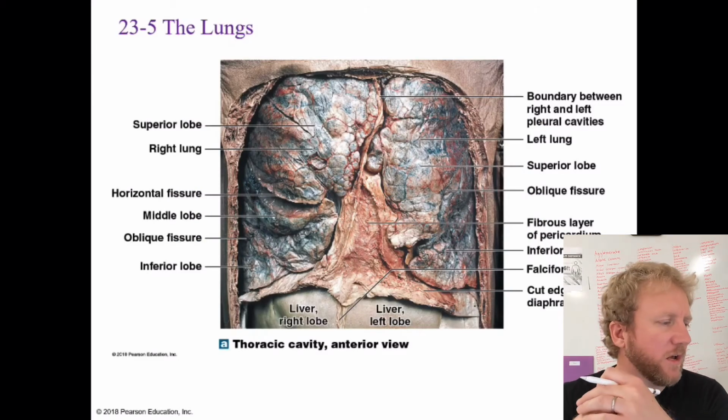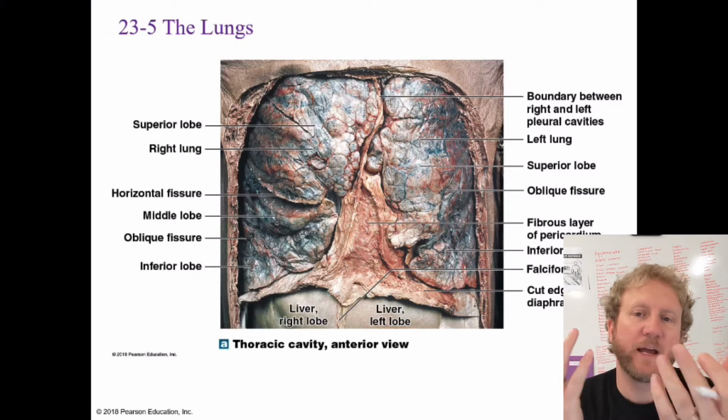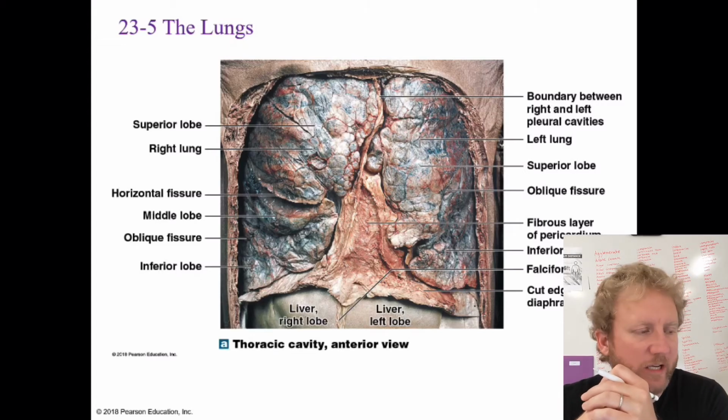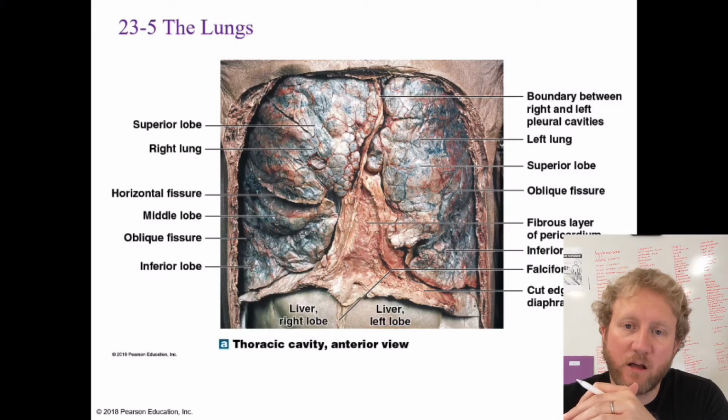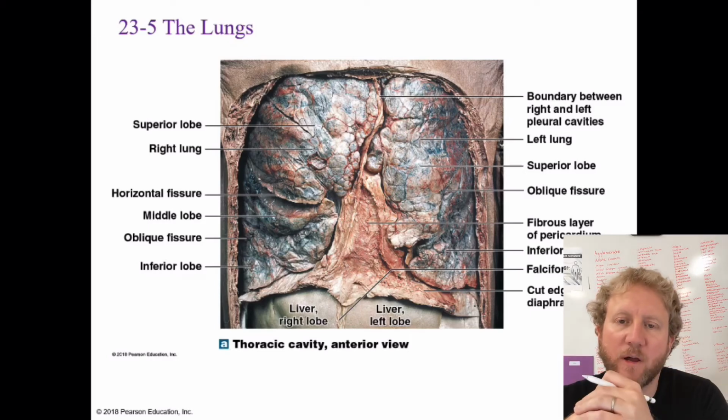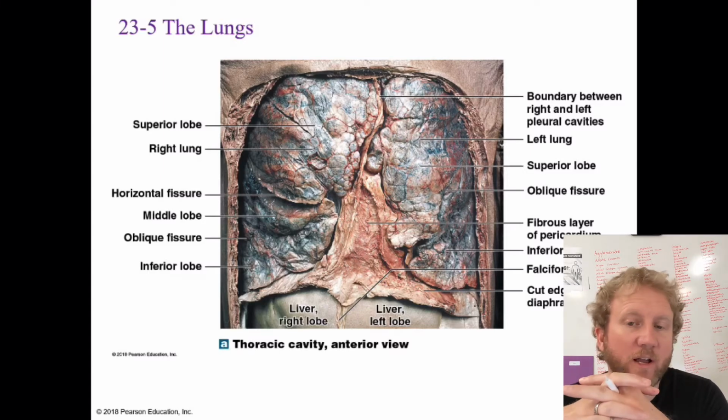All right, so when we're talking about the lungs, humans, mammals in general, humans in particular have left and right lungs that are sort of connected by way of the bronchi.